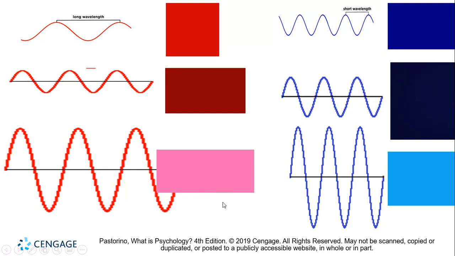For the blue, if you have a short wavelength with a short amplitude, that's going to give you a dark blue. And if you have a short wavelength with a long amplitude, or a tall amplitude, that's going to give you a lighter blue, maybe a baby blue. It's this mechanism that makes you perceive the sky as blue. The sky isn't blue. There's nothing in the sky to make it blue.